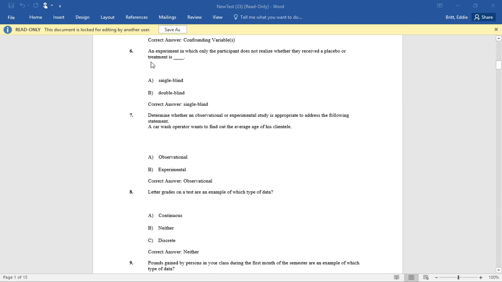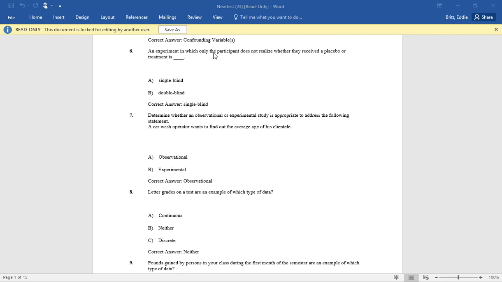All right, number 6, an experiment in which only the participant does not realize whether they receive a placebo or a treatment. So the person giving the experiment realizes it, but the person receiving it does not realize it. That would be single blind experiment.